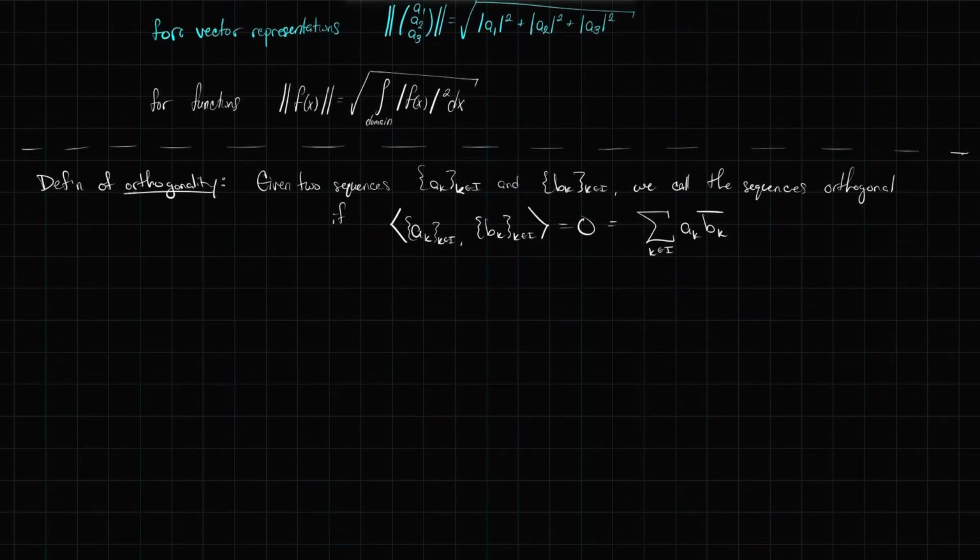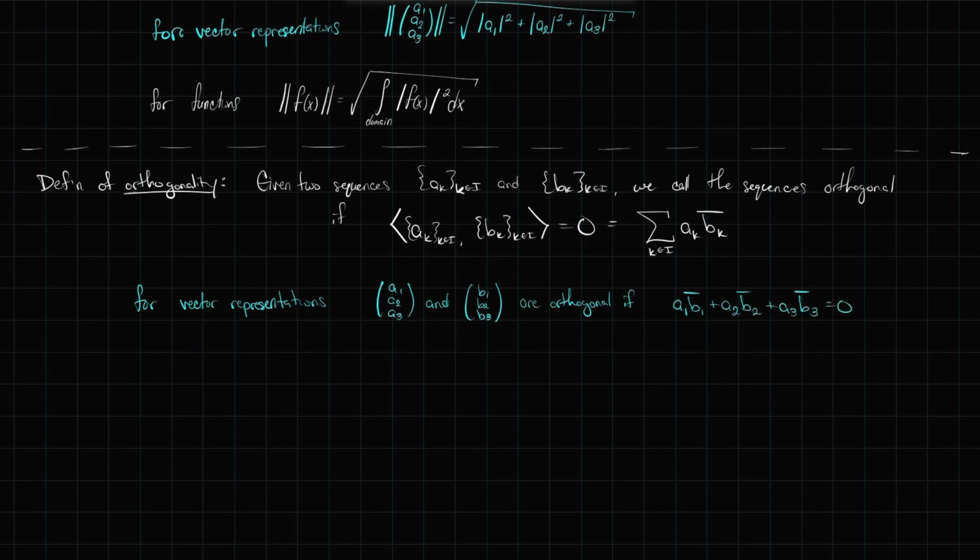And so maybe we'll say this again for vector representations. We'll say something like A1, A2, A3, and B1, B2, B3 are orthogonal if A1 B1 conjugate plus A2 B2 conjugate plus A3 B3 conjugate equals 0.